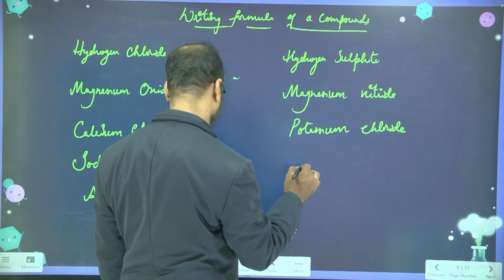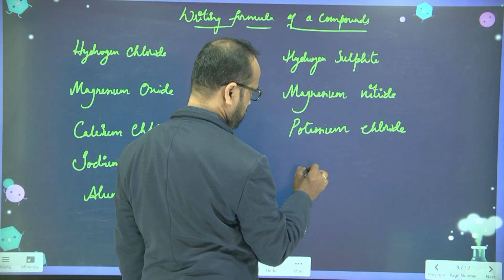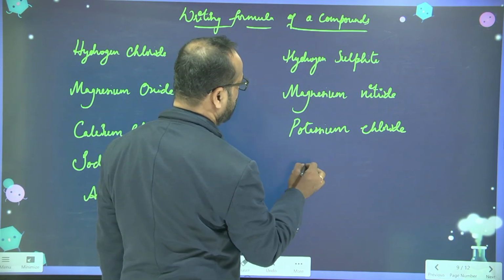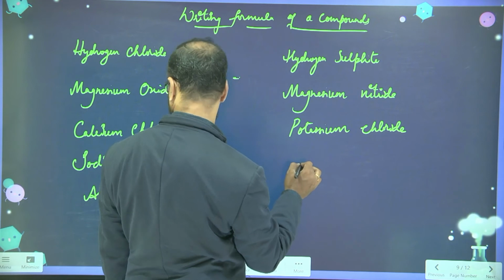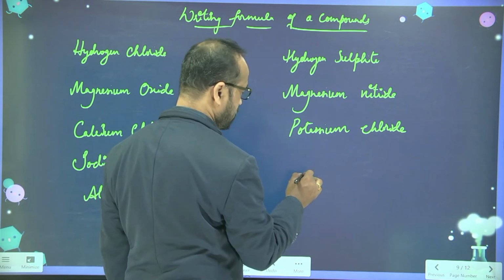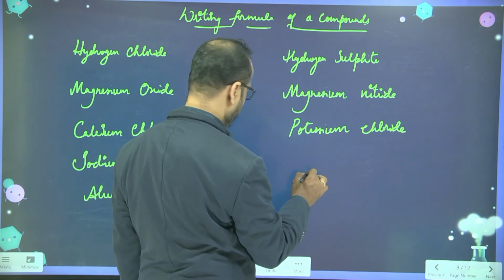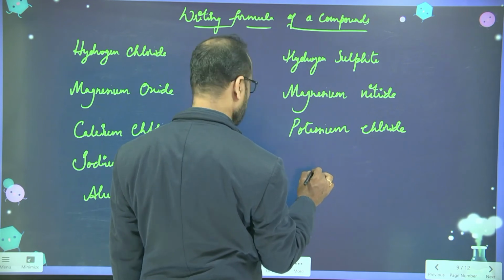Let us take some others; calcium chloride is done, aluminum oxide is also done.